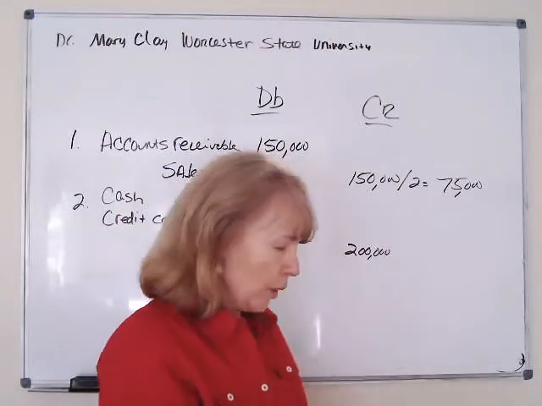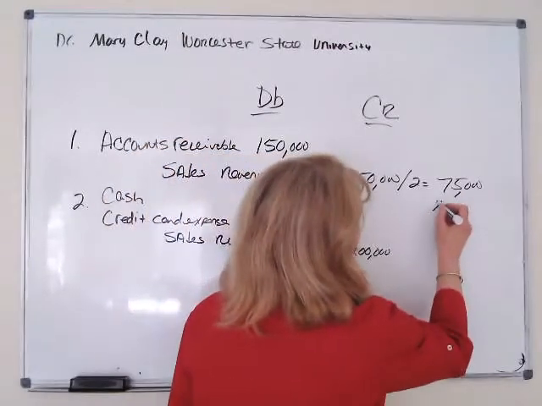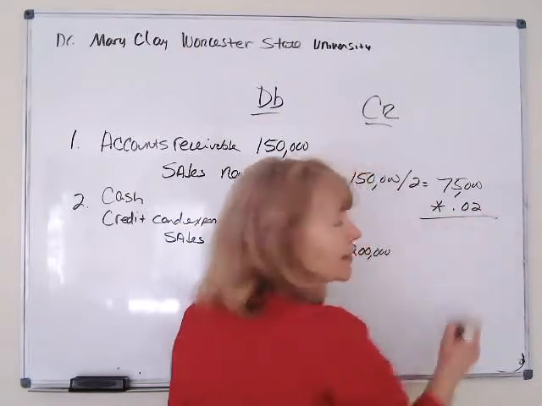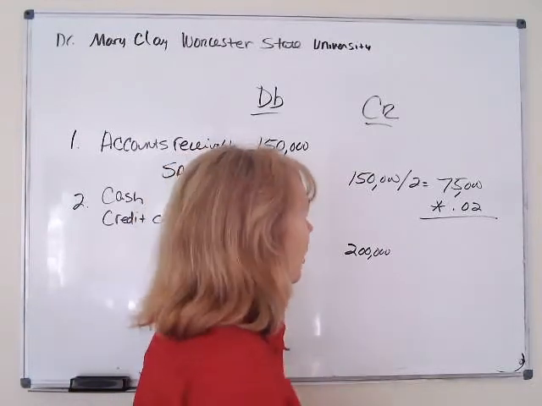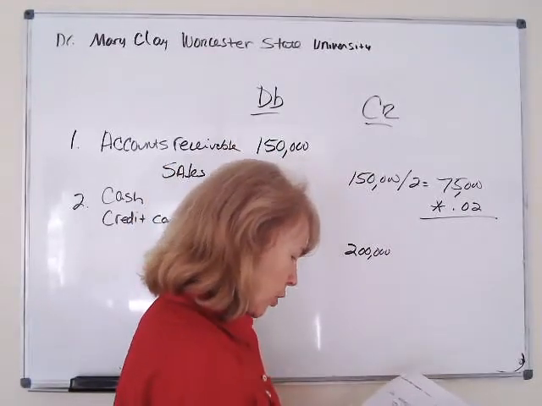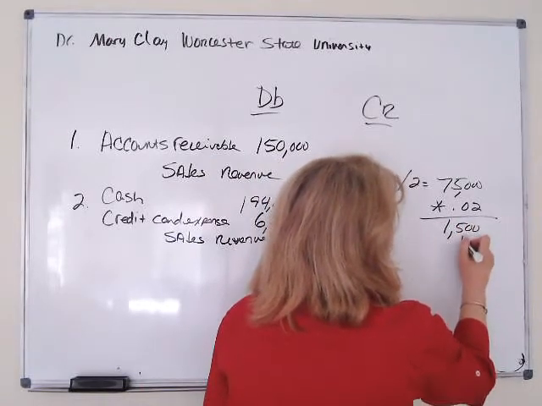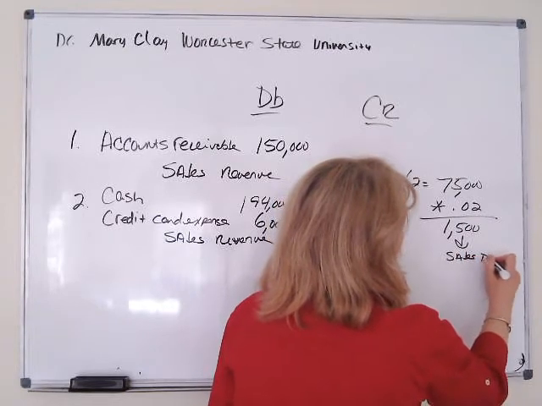Because they still owe us money. So I'm going to take the 75,000 and multiply that by 0.02. That is the discount. Remember, it's 2, 10, and 30, so 2%. So 75,000 times 2% gives me $1,500. What is that? That's my sales discount.